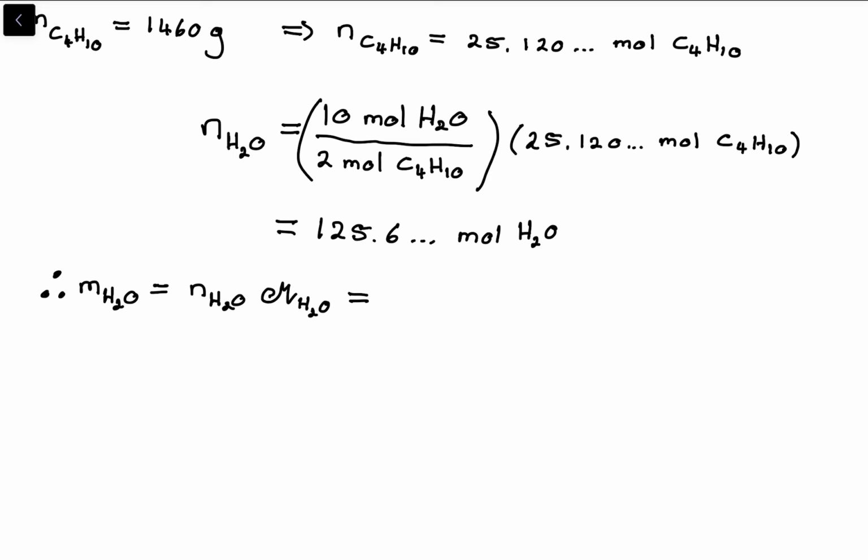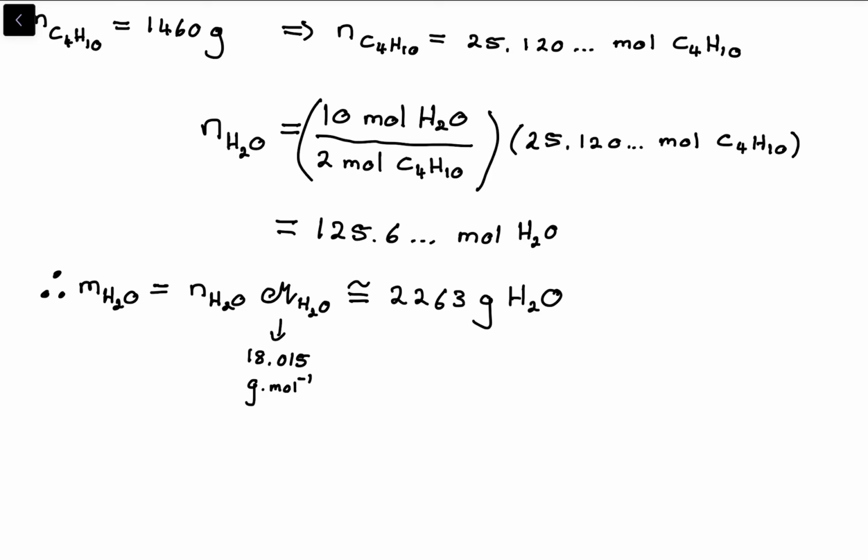Molar mass of water, just as a note here, it's 18.015 gram per mole. And you should get a rounded value to 4 significant figures of 2263 gram water. Okay, so that's the mass.